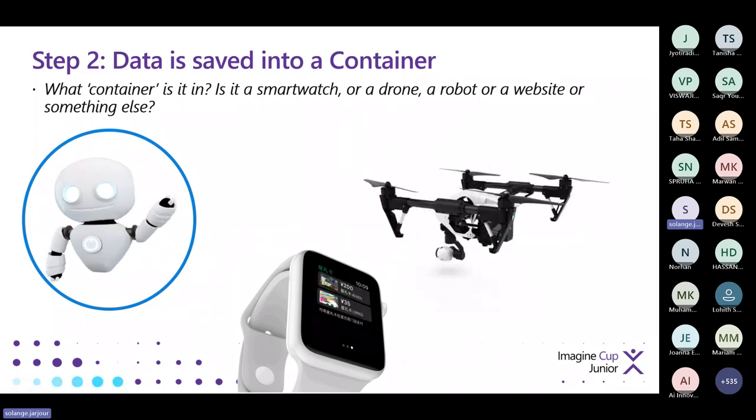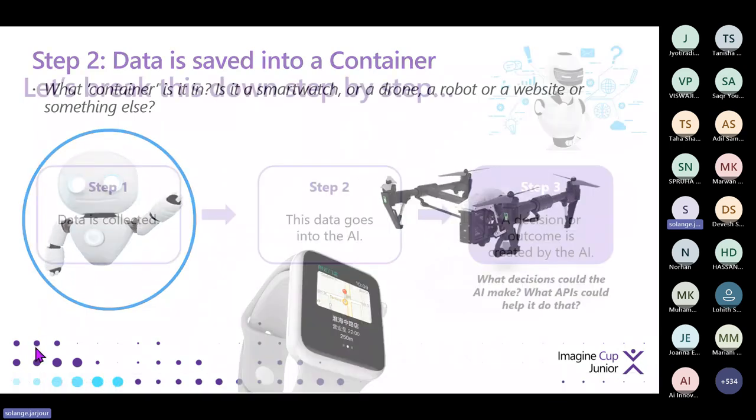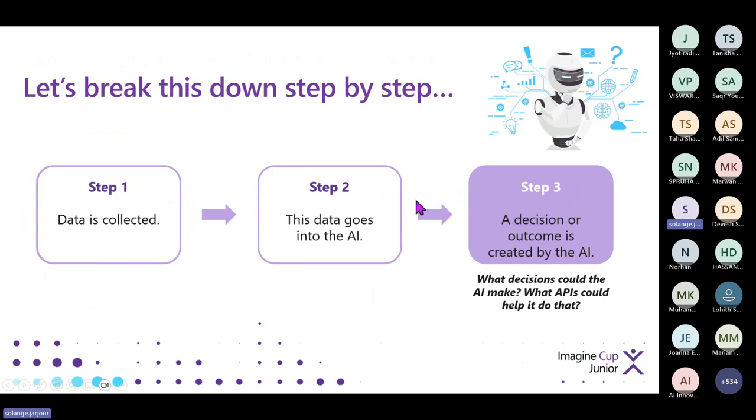The most important step is to go through the 3 steps that we are mentioning: collecting the data and storing the data in a place. If I want to make a website, you are correct, I need to save it in a database. If I have a robot, then I need a machine where I'm storing the information.